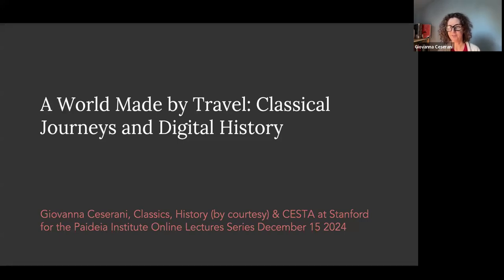So the second reason that I'm particularly happy to be here today is that this is a book about 18th century travels. But I want to say how important it is to remember that classics was absolutely central to these travels. These were journeys, 18th century travels to Italy, to classical lands that were both animated by a desire to explore the classical past and to cultivate the classical ideal.